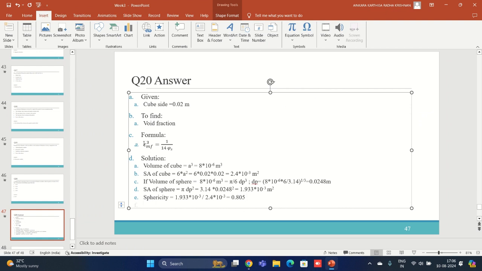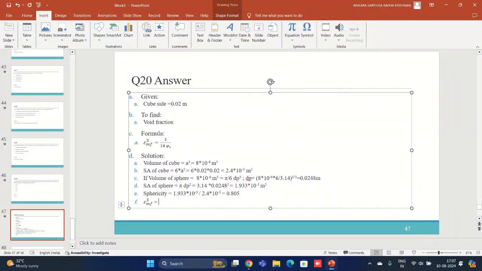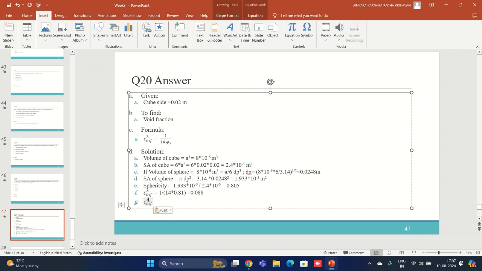Now we need to find epsilon mf cubed, which is 1 divided by 14 into 0.81, that is 1 divided by the answer, 0.088, and epsilon mf is this to the power 1 by 3.